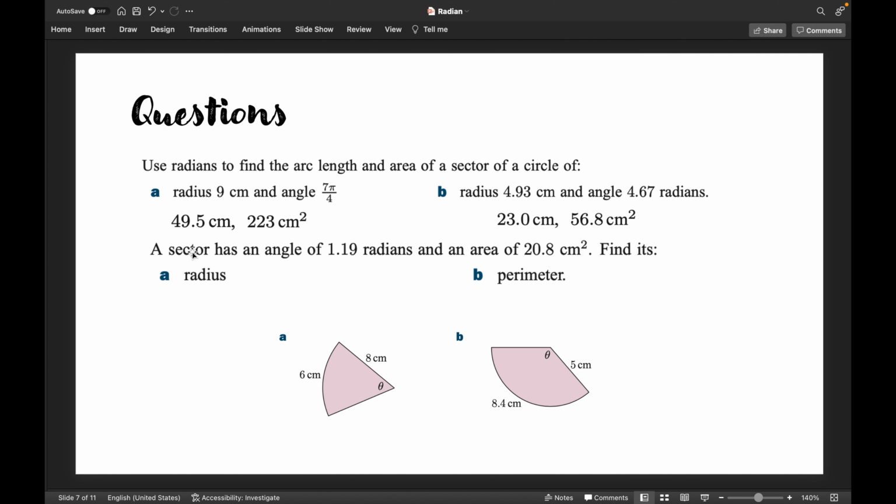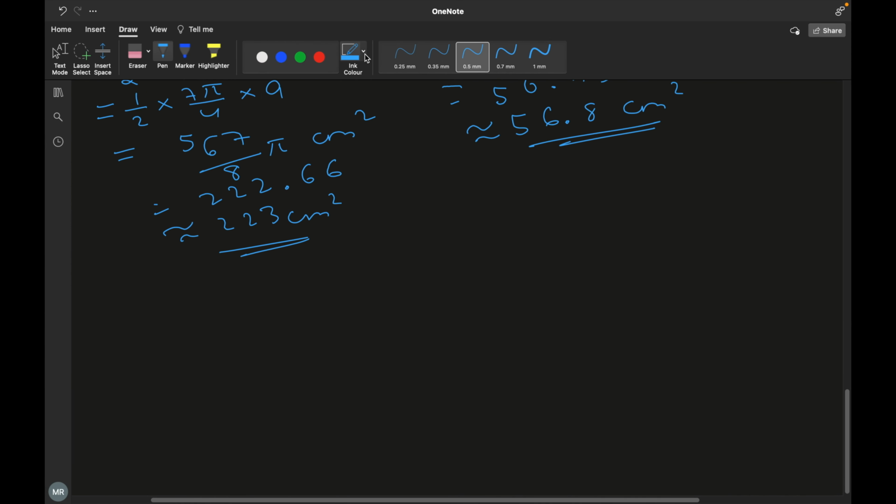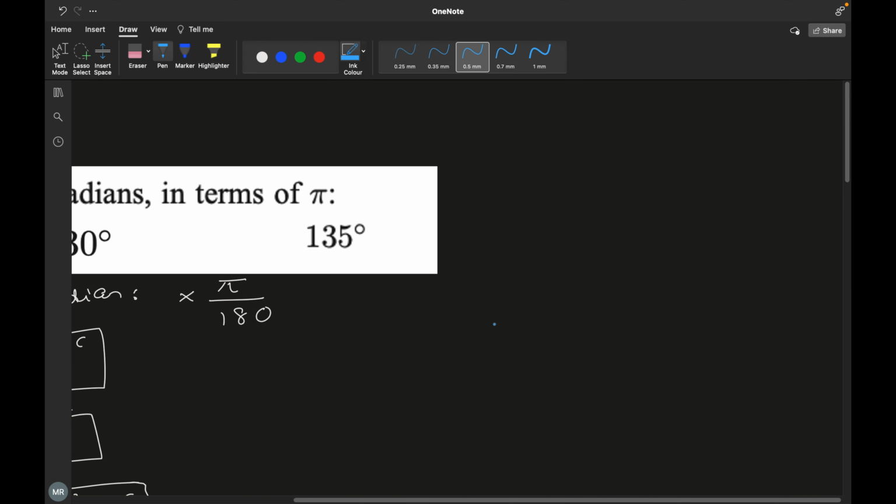Now let's move on to the next question. A sector has an angle of 1.19 radians and an area of 20.8 cm squared. We have to find the radius. Let's write down all the information we have.